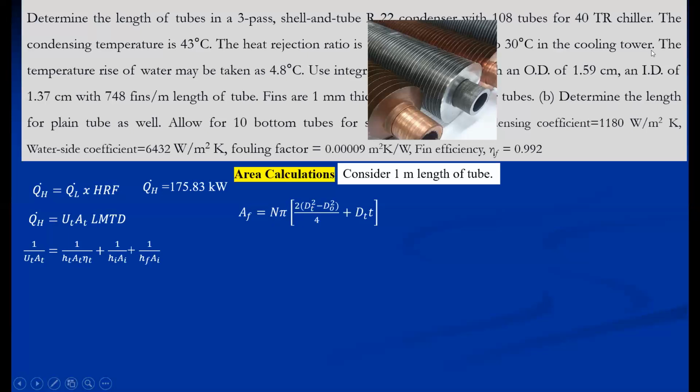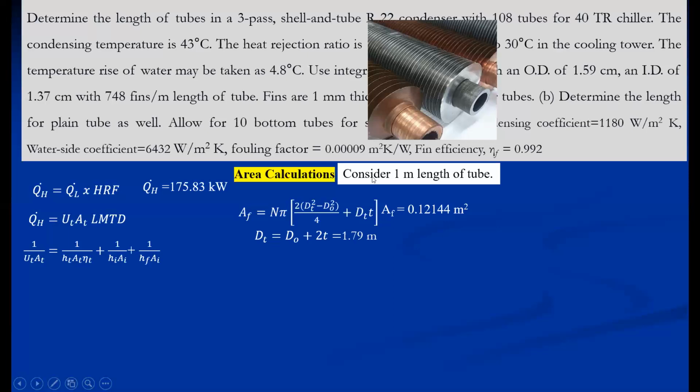Dt we can consider: 1 mm this side, 1 mm this side, so it is 2 mm. Do is 1.59 plus 2t, so Dt we get 1.79. Then Do is given 1.59. Thickness is given 1 mm. We convert all the dimensions in meters, and n is 748. So the area of the fin we can calculate.